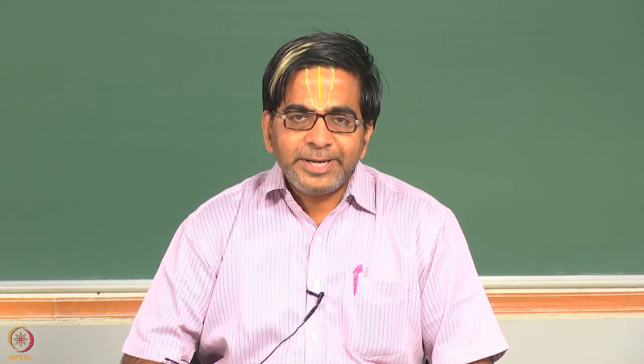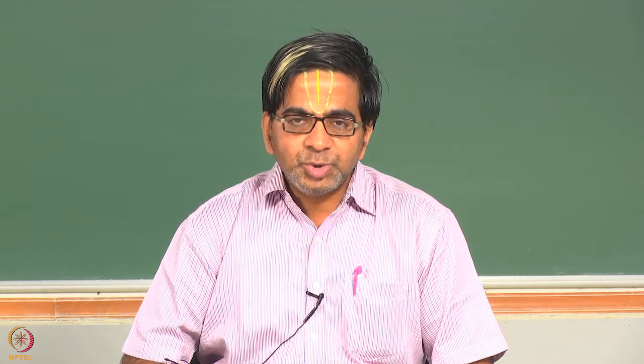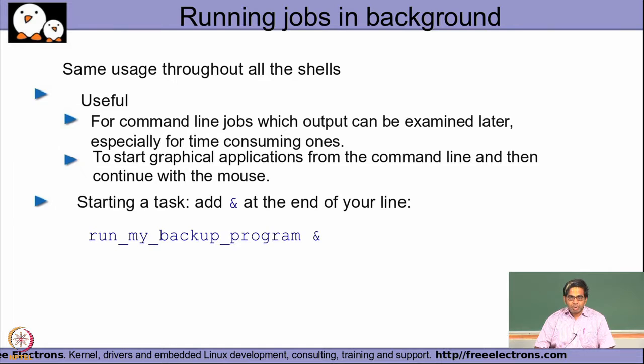So, if I have this kind of requirement, how do I get it done? I use the ampersand character, what we also call the AND operator in programming parlance. I use that character at the end of the line to tell my shell that this command should be run as a background task and not a foreground task.